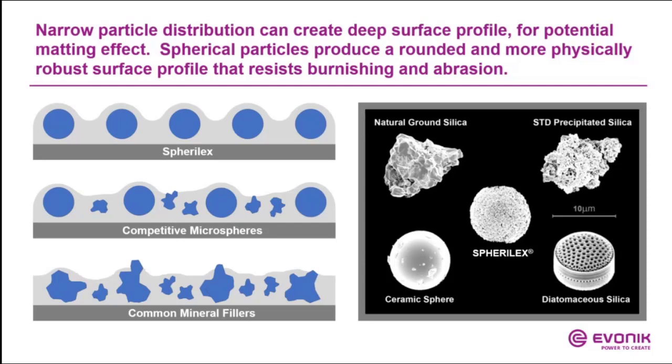With these spherical particles, you can achieve that in a very good way. So at the end, you have less contact areas with round particles on the surface, where you see on the bottom pictures that when you use irregular shaped particles, the surface is not very regular.